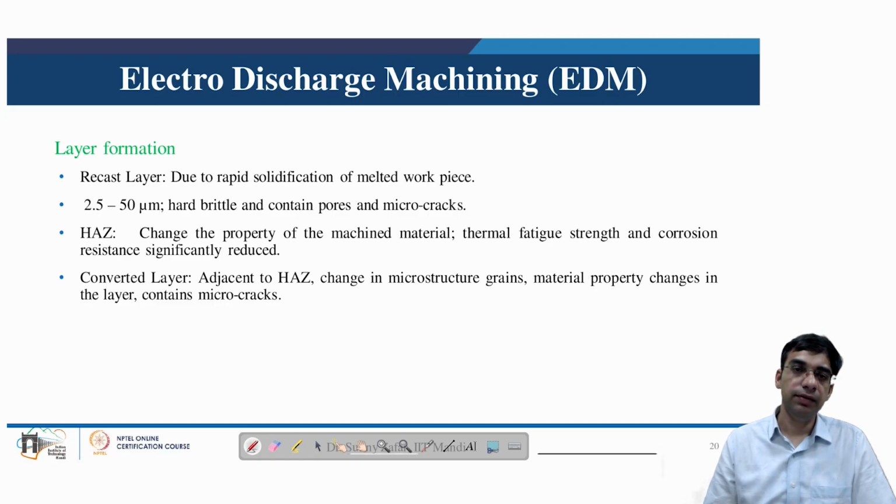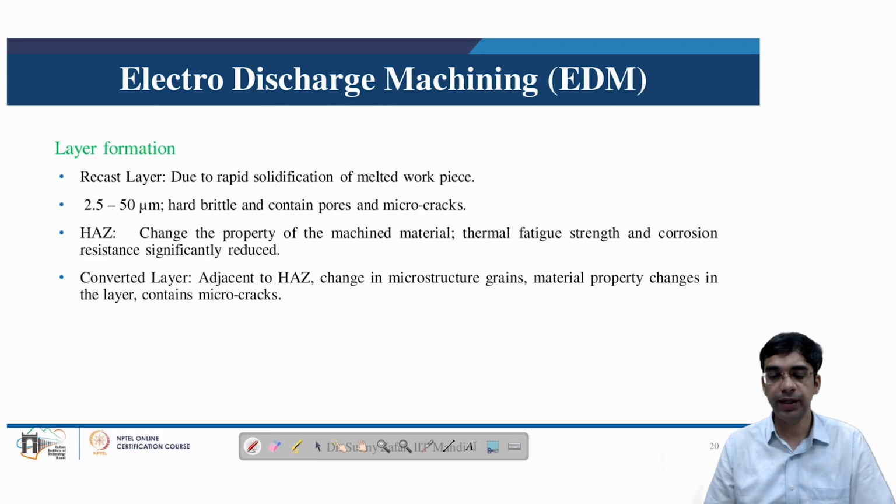This recast layer will have a typical thickness of 2.5 to 50 microns, and it may be hard, and it may contain pores and micro cracks, and it also has the heat affected zone below it, which leads to significant change in properties of the workpiece, and generally it affects the thermal fatigue properties, strength and corrosion characteristics. In the area adjacent to the heat affected zone, there will be a change in the grain microstructure which leads to change in material property of the workpiece.